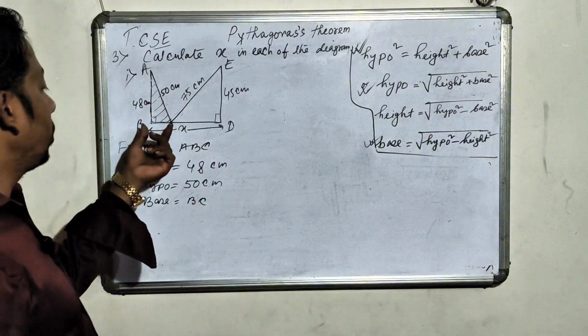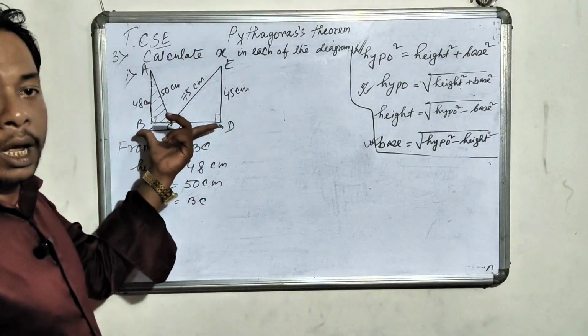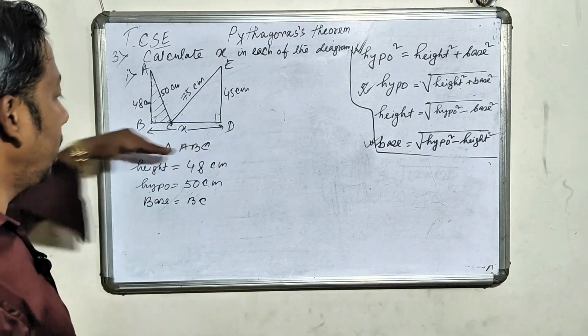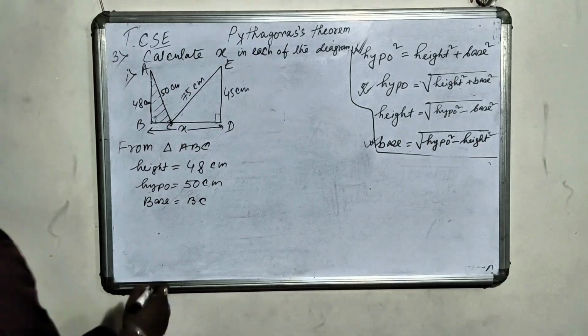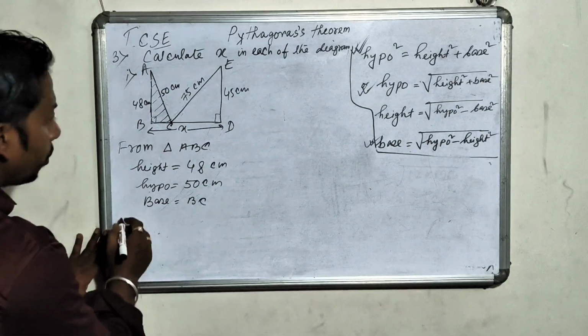First we find out BC, then we find out CD, then we add these two values and we'll get the x. Okay, now base, from the law of Pythagoras theorem.